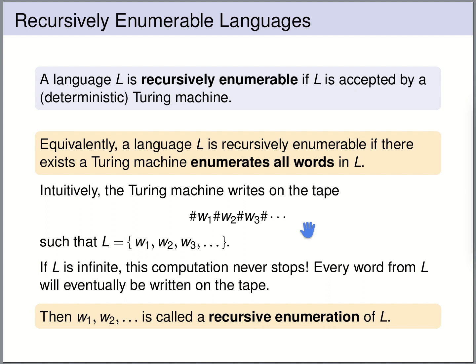And eventually, every word in the language will be accepted, so every word in the language will eventually appear in the enumeration. So if a language L is accepted by a deterministic Turing machine, then we have such a recursive enumeration of all the words in the language. We have a Turing machine that computes the sequence of these words.